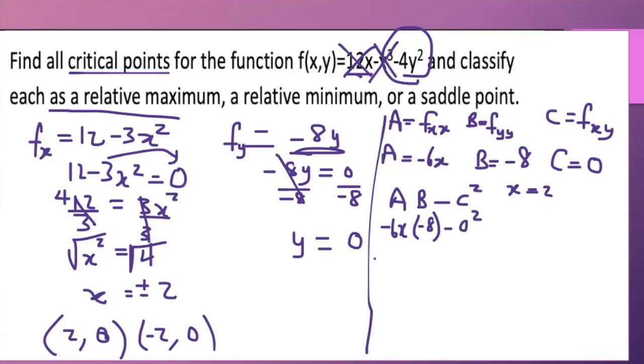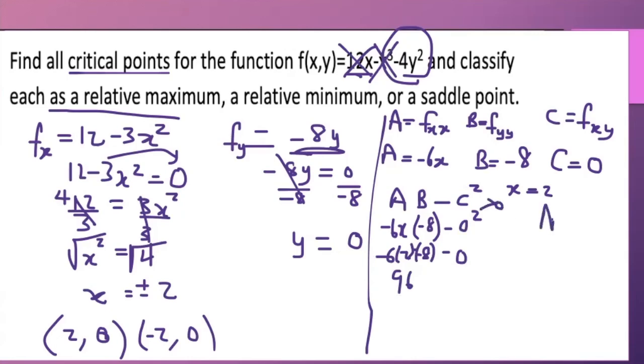Now x is 2, so I replace x to be 2 here and multiply. 0 squared is 0. So now multiplying this, you can see that I will get a positive number because negative times negative is positive. So minus 6 times 2 is minus 12, times minus 8, that will get 96. So this is telling me that it's greater than 0.